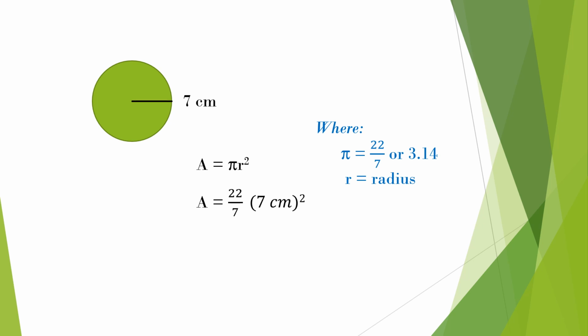Finished? Okay, let's check your answer. The area of this circle is 154 square centimeters. Okay, that's good. You're doing good.